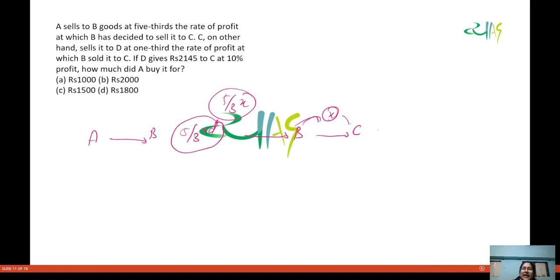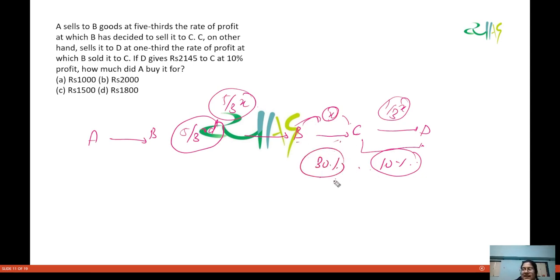C is selling to D at 10% profit, so B is selling to C at 30% profit, and A is selling to B at 50% profit.